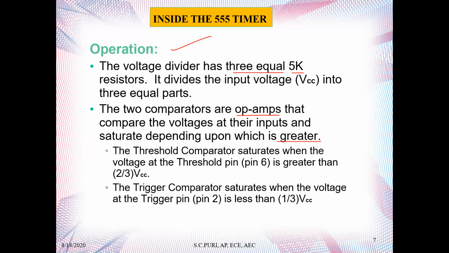The threshold comparator saturates when the voltage at threshold pin 6 is greater than 2/3 VCC. The trigger comparator saturates when the voltage at trigger pin 2 is less than 1/3 VCC.